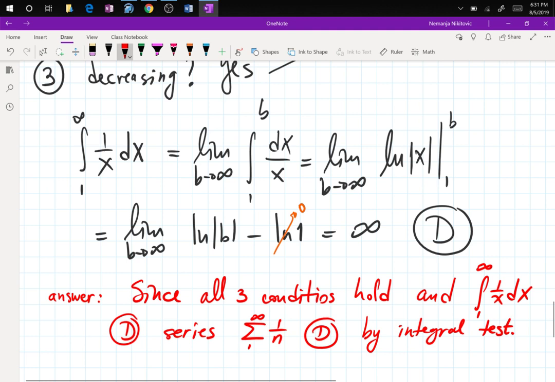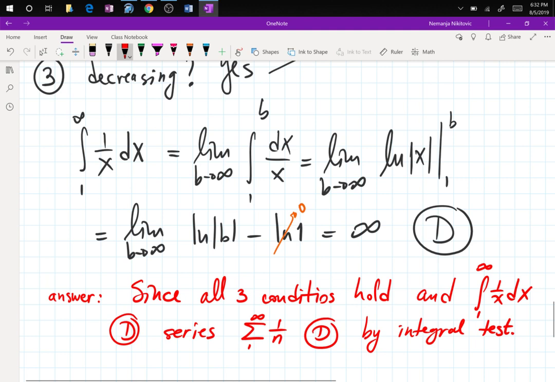This sentence is the answer for the problem. And this sentence will be part of every answer on the next exam when you have only series. Your job is to solve the problem and then provide the answer, whether converge or diverge, in the sentence at the end. All 3 conditions hold. You will have conditions for alternating series test.